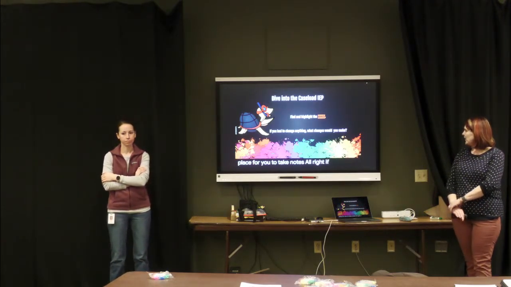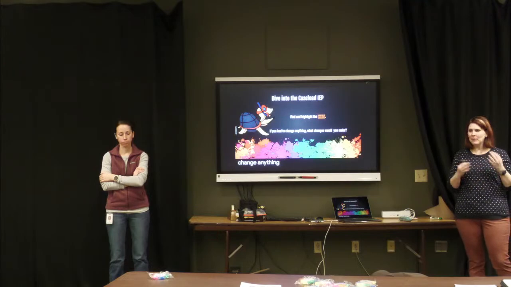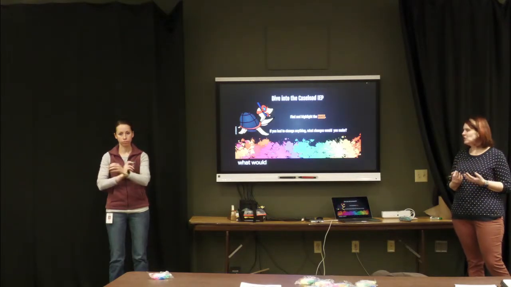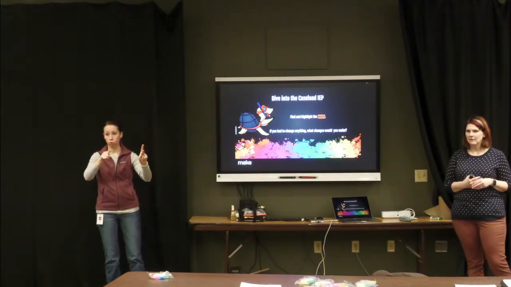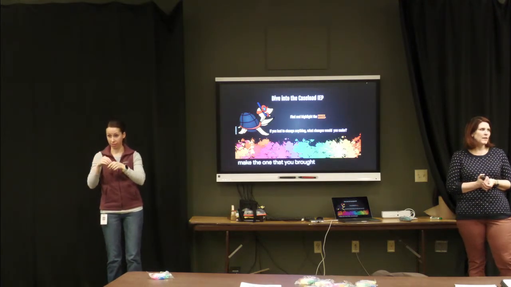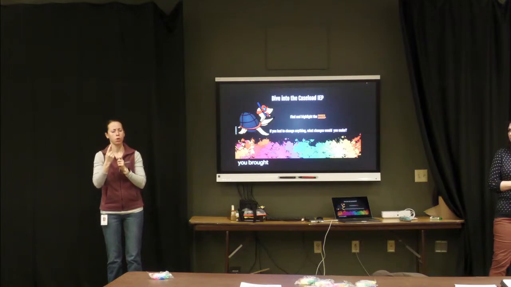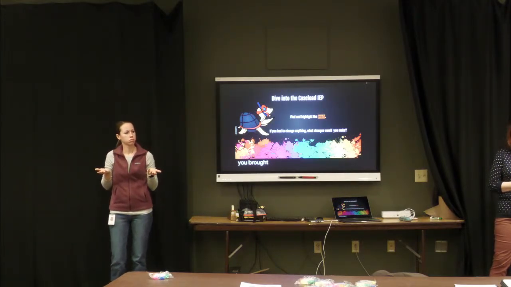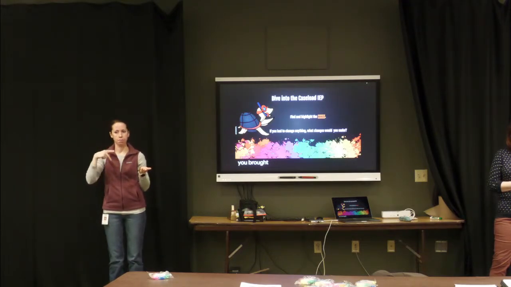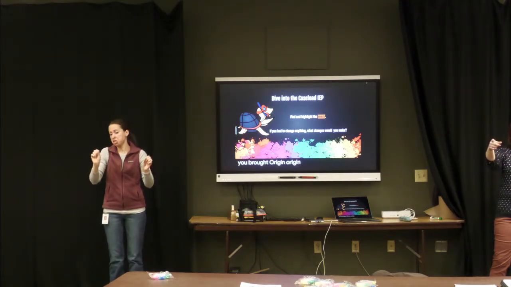All right, if you had to change anything in the IEP that you're looking at, what kind of change would you make in the one that you brought? Or Jimmy's.